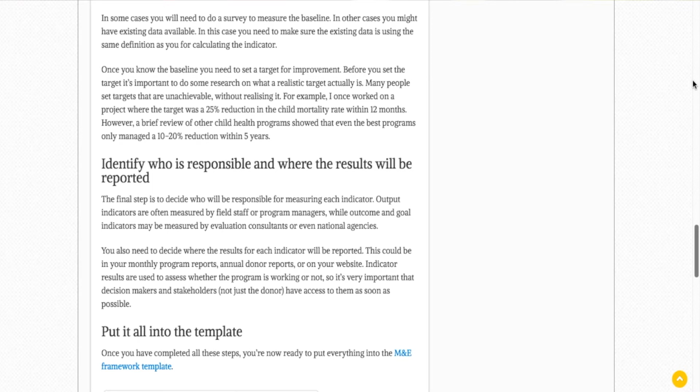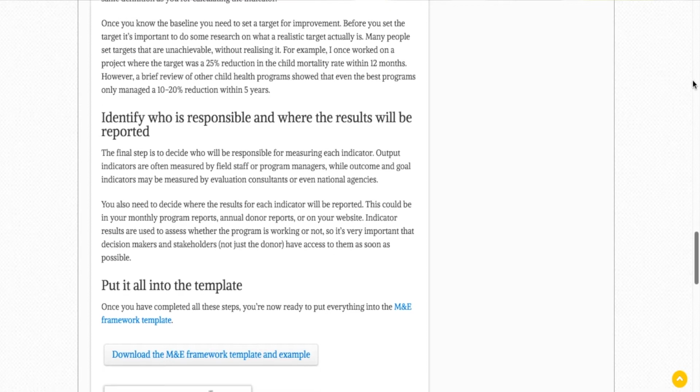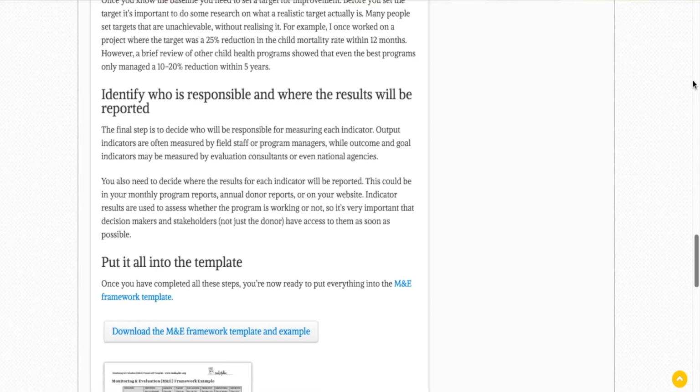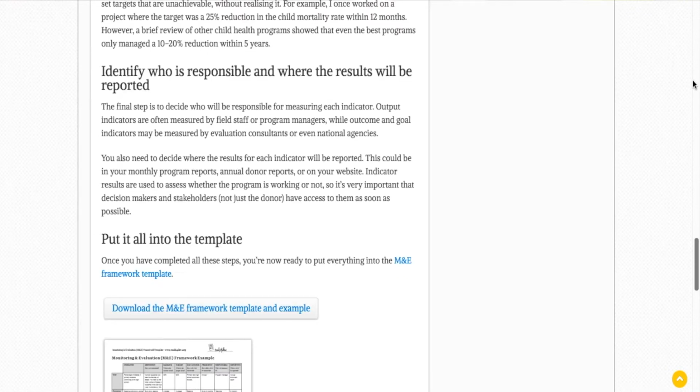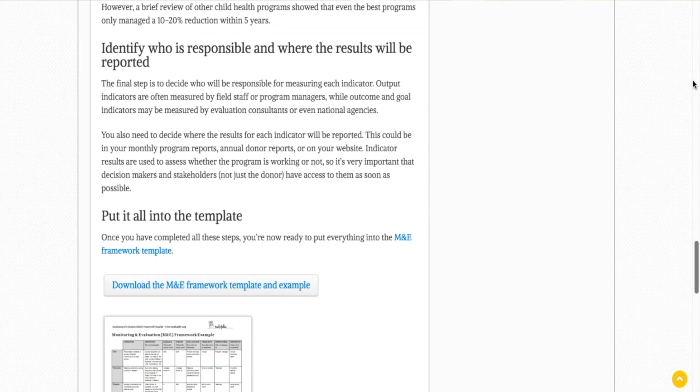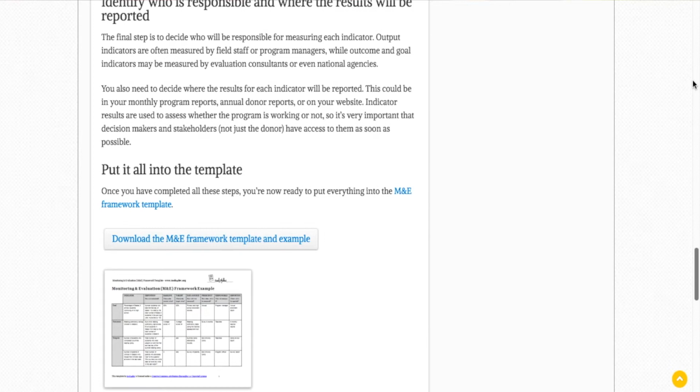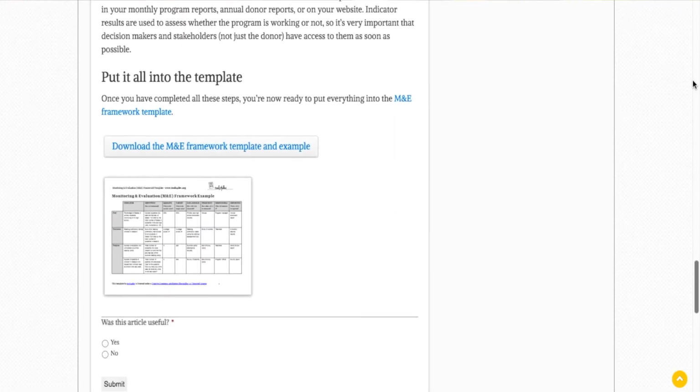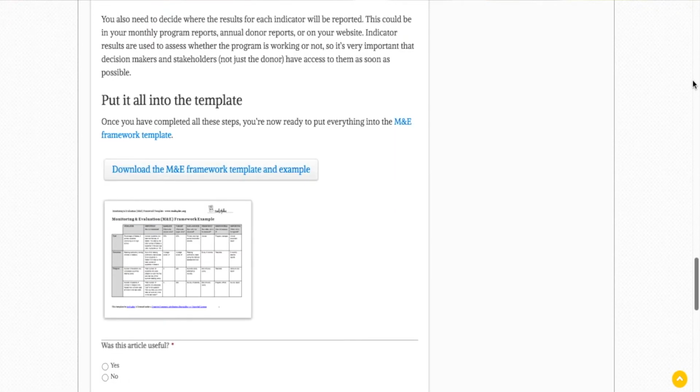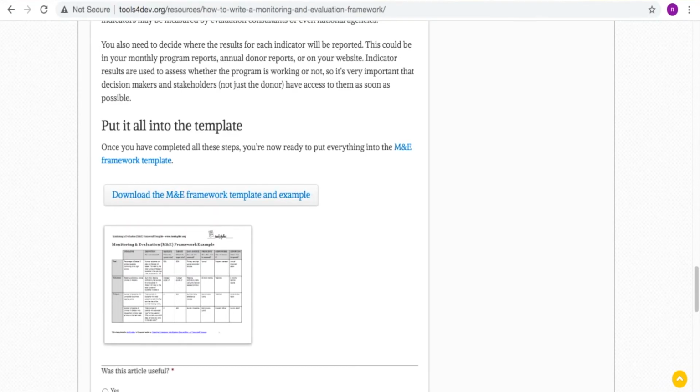You can also download the template and the framework from this site, and this will help in preparing the monitoring and evaluation report. This particular way of preparing a monitoring and evaluation report helps in the effective completion and implementation of the project.